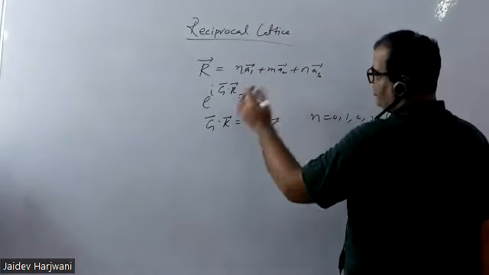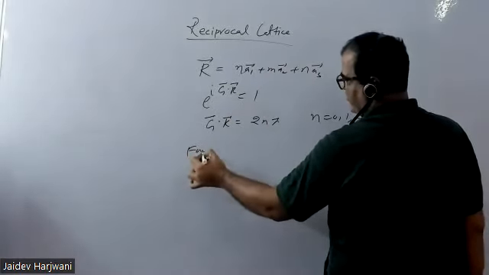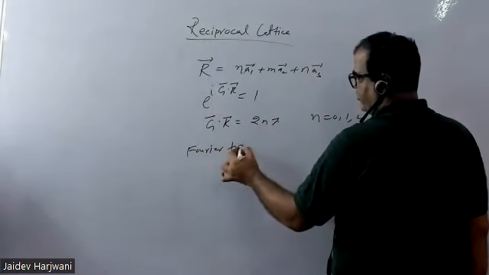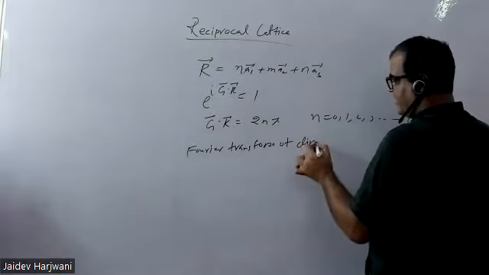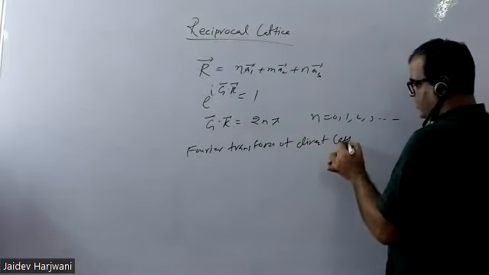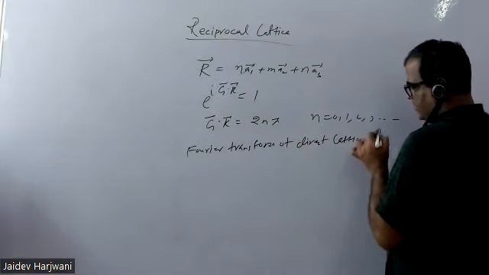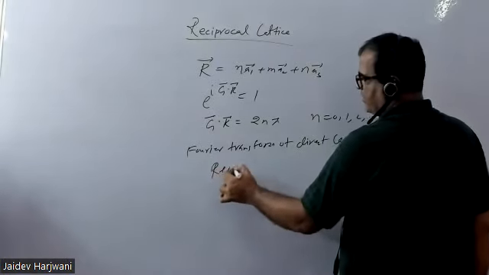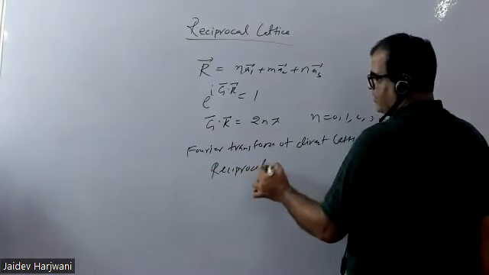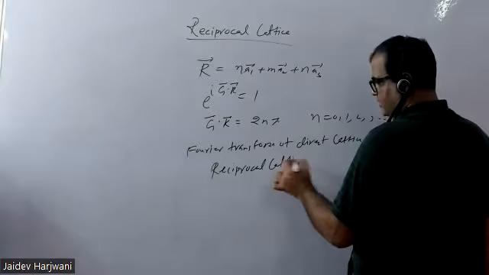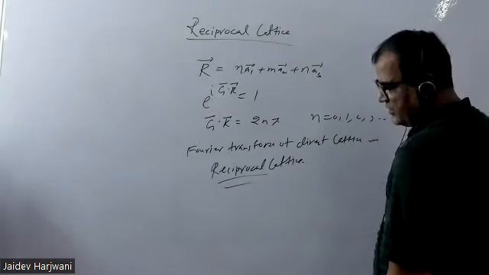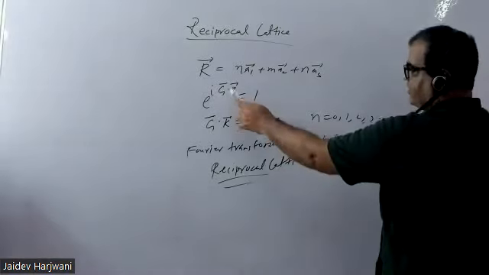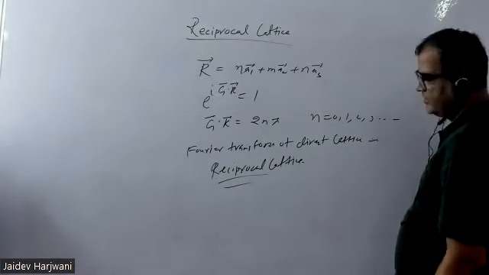So the Fourier transform of the direct lattice is your reciprocal lattice. The wave vectors which satisfy this condition will form your reciprocal space.